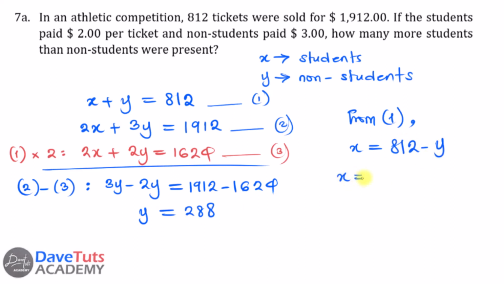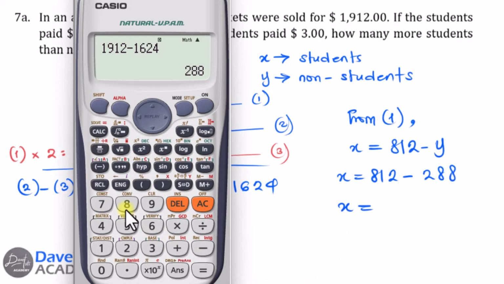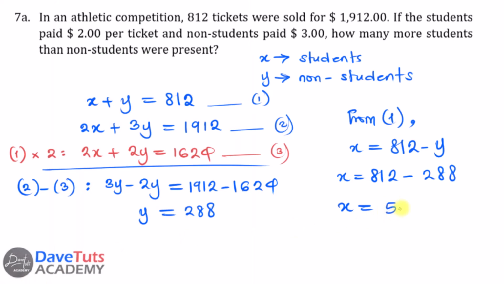So x will be 812 minus 288. This is 524. Okay, that's good and very fine.